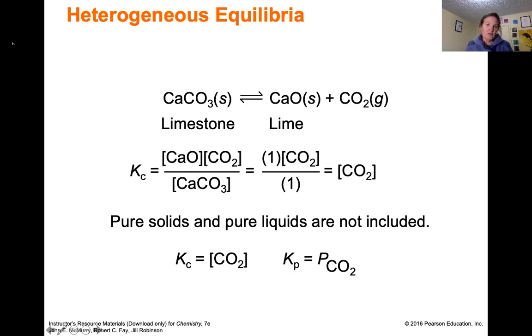So you can incorporate those into the K. The only thing that you'll put into the equilibrium expression then is the concentration of CO2, the gas. So solids and liquids don't go into the equilibrium constant because they're really just constant concentrations at their density.